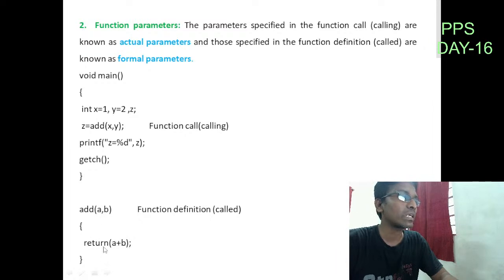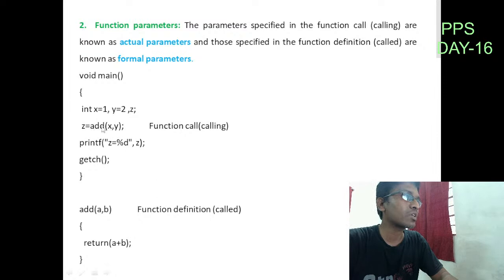Whenever you use a return in the called function or function definition, the value, that is the a plus b value, will be returned back to the calling function. So return a plus b means that the a plus b addition will be returned back to the main program.